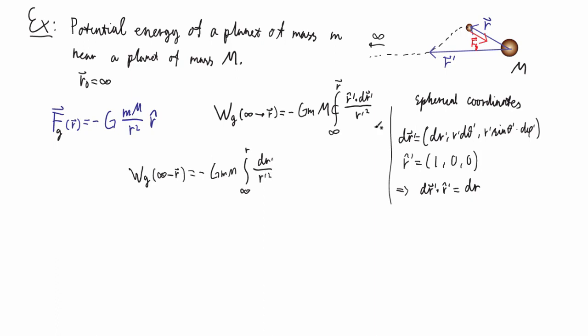It's automatically parameterized because in spherical coordinates this line integral only depends on one variable, so we don't have to carry out any explicit parameterization to make this work. Okay, and then we just have to calculate the integral.